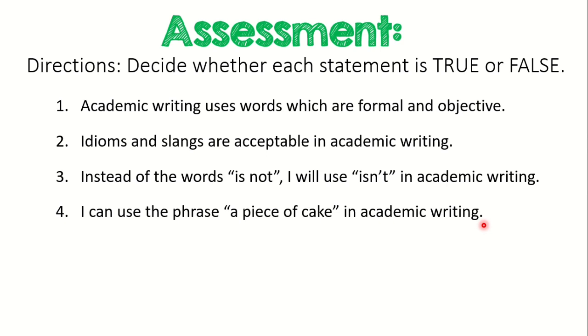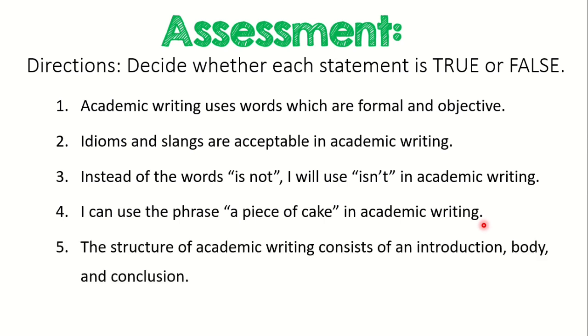A piece of cake is an idiom which means very easy, very basic. Is it true or false? Write down your answer. And for the last number, the structure of academic writing consists of an introduction, body, and conclusion. Is it true or false? Write down your answer.